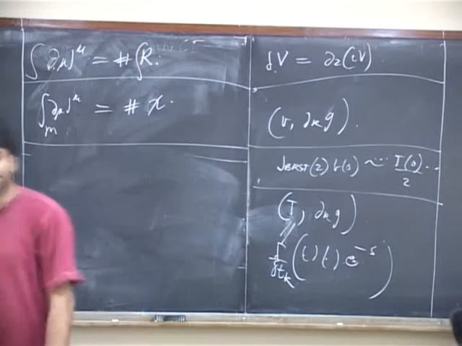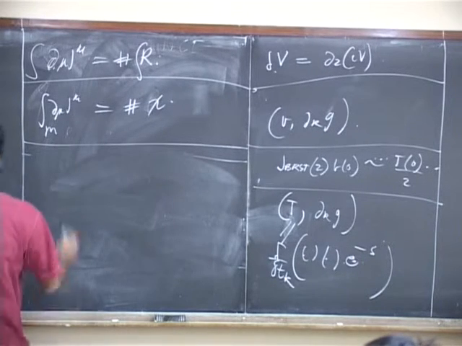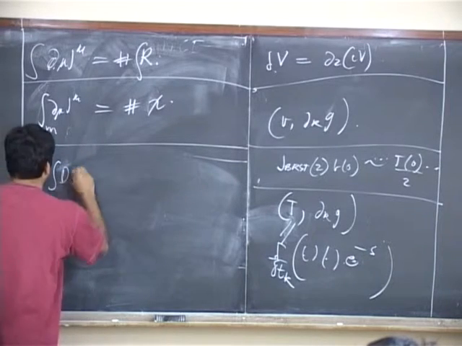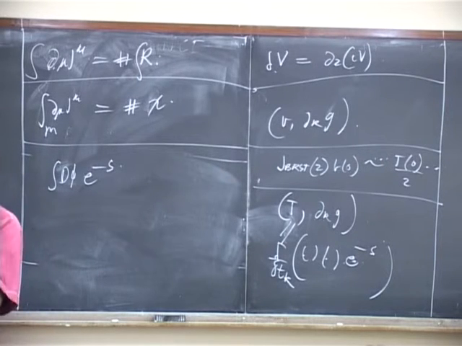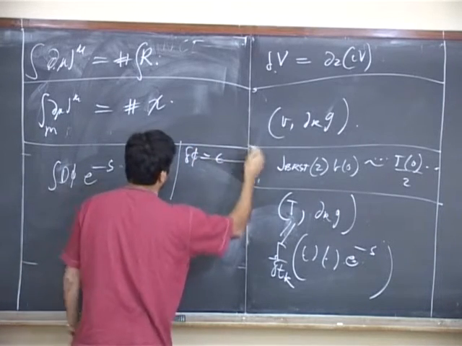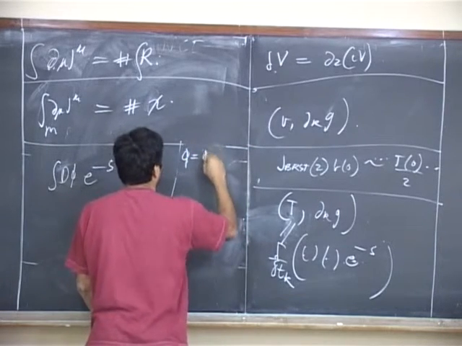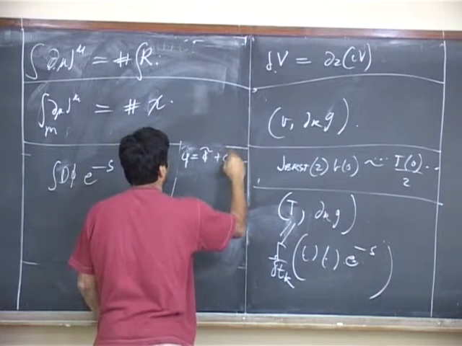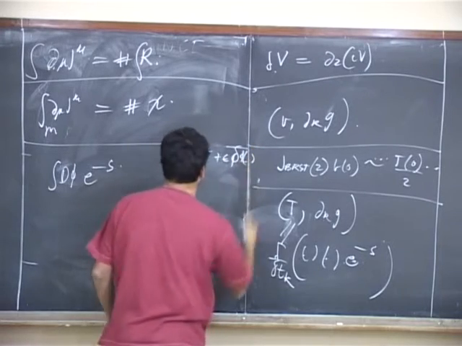Let's remind ourselves what the definition of the current corresponding to a symmetry was. We took any action, so we had some d phi e to the power minus S, and we said, suppose we have a symmetry transformation, phi equal to phi tilde plus epsilon times delta phi of phi tilde.